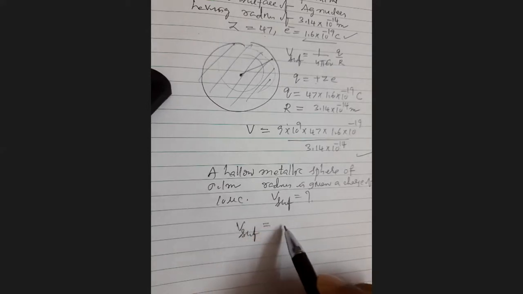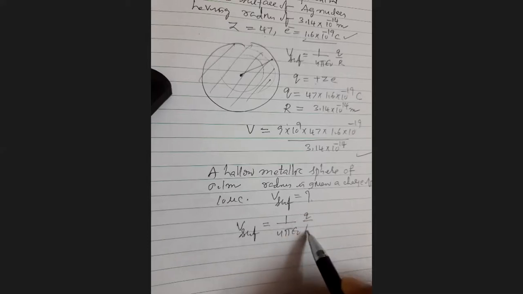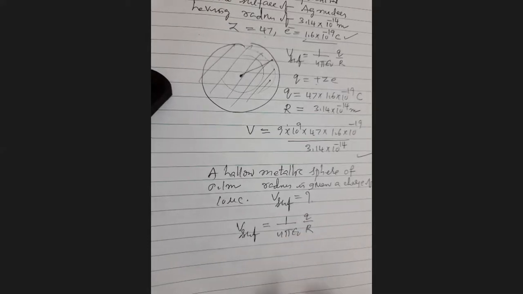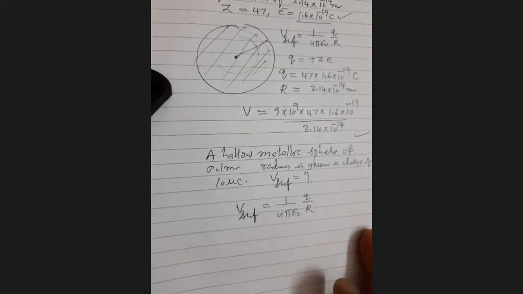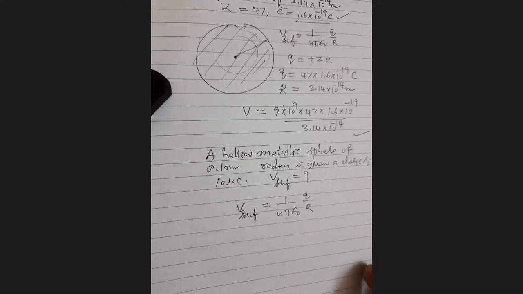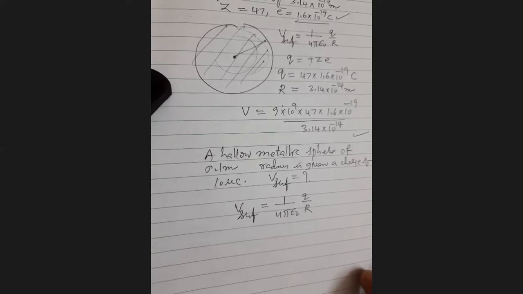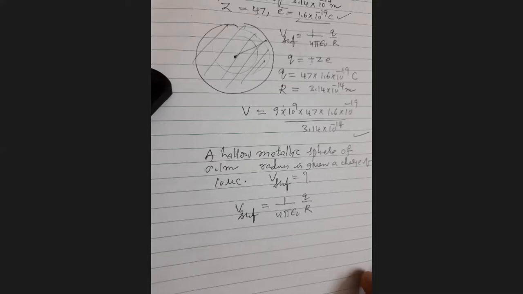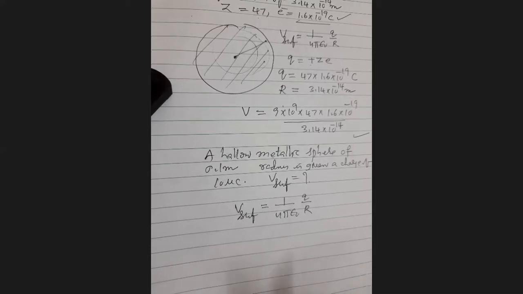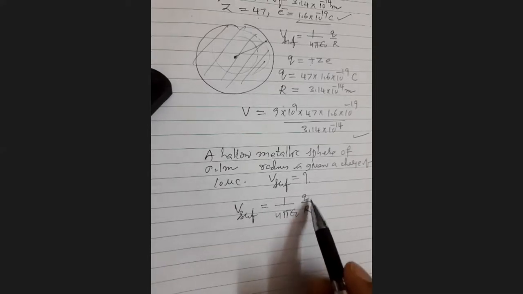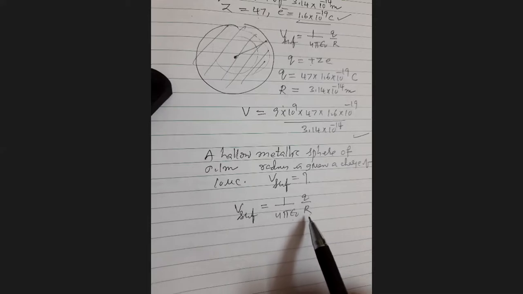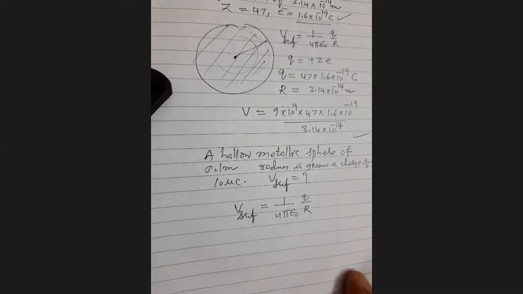V on surface is equal to 1 by 4 pi epsilon naught Q by R. In the case of a spherical shell or conducting sphere, the potential at every point inside the sphere is equal to the potential on the surface, that value 1 by 4 pi epsilon naught Q by R. All these things we discussed in the theoretical class of that particular concept.